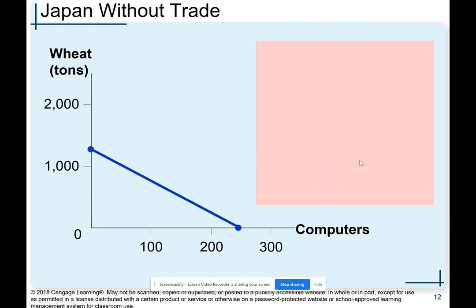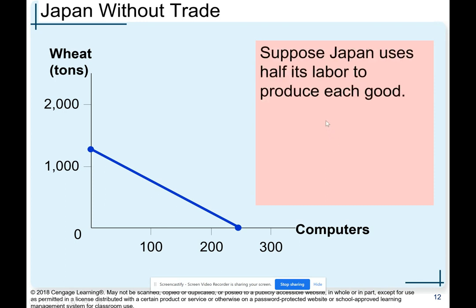So if Japan does the same thing as the United States, it is not trading with the US, it is self-sufficient, so it uses half of its 30,000 labor hours to produce wheat and half to produce computers. What will be the domestic production and consumption?